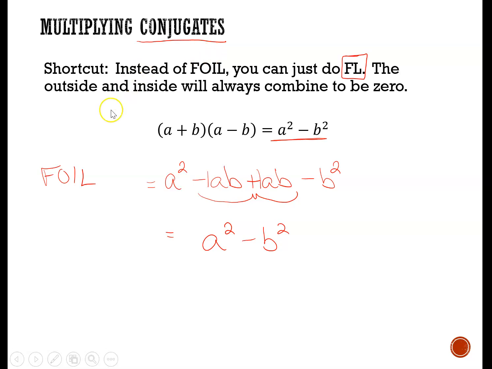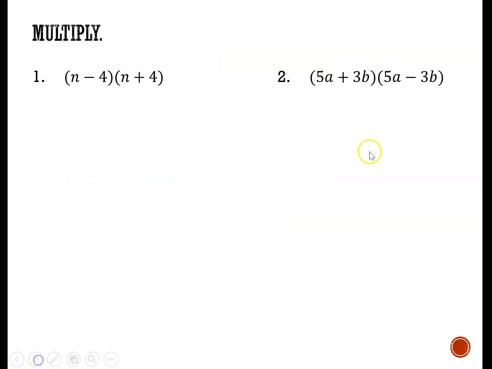So let's do a couple of examples. So number 1 here. And the only way you're going to know to do this shortcut is to recognize that they are conjugates. And they may be mixed in with other multiplication problems that are not conjugates. So you really have to be paying attention. But if you notice it, the only difference between the two is the sign in the middle.